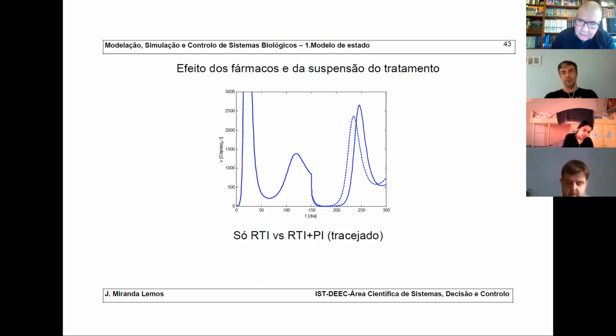But this is very important because it decides factors like the time that the drug takes to make an effect. In the beginning there were just two active principles, but the patient was taking a cocktail of drugs every day. So you can use these models to model this stuff.